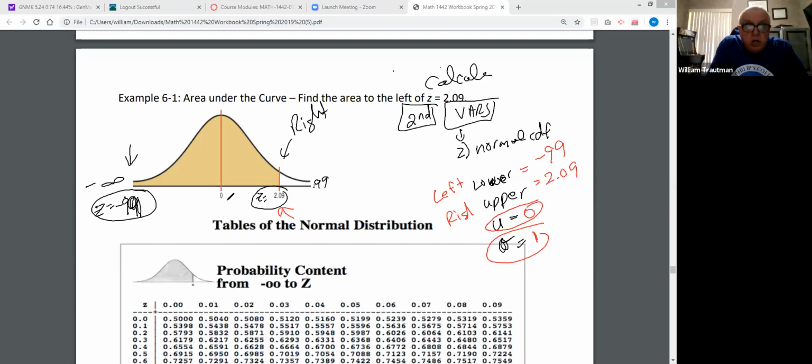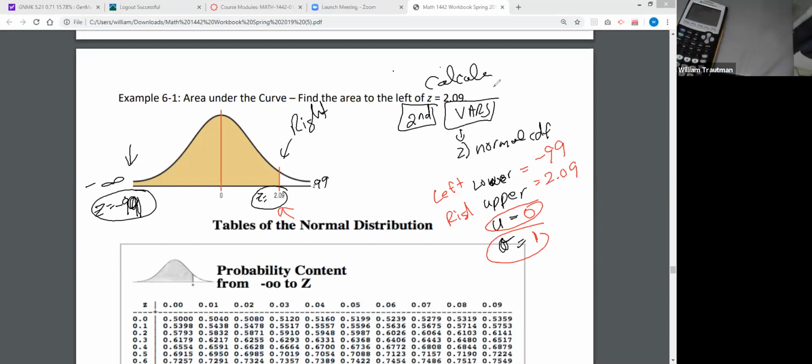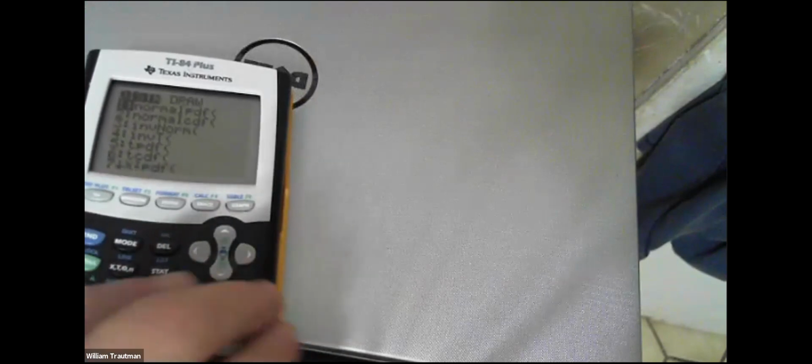So on my calculator, I'm going to hit second, vars, and then we're going to go to number 2. Hit enter.